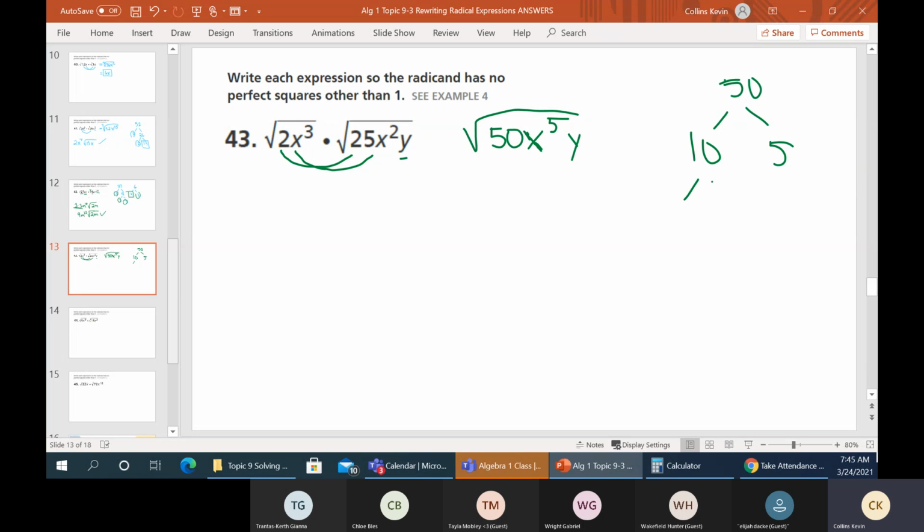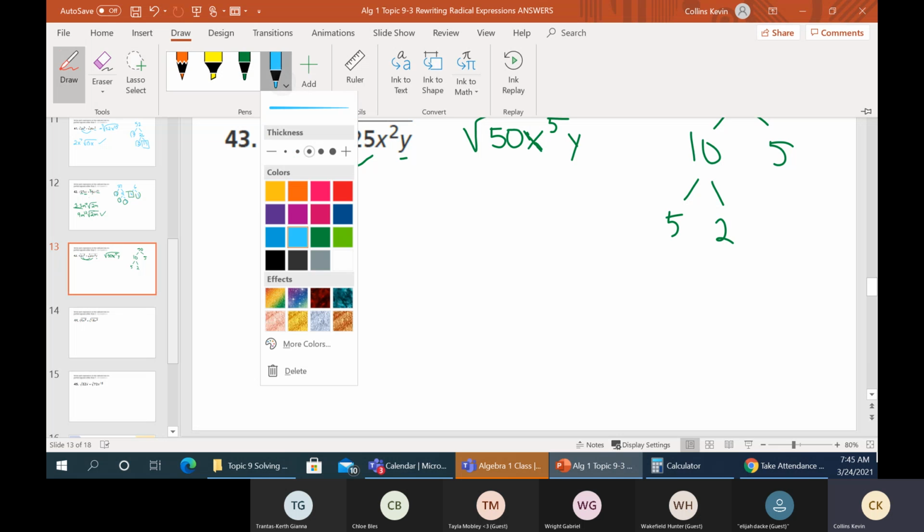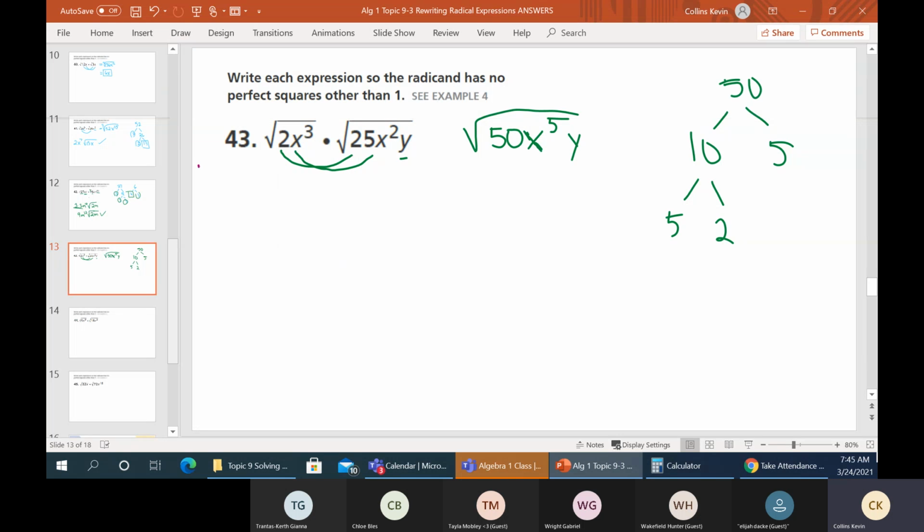And what can we divide 10 by? Five again. That's 5 times 2, right? Cool. All right, so we know the rules. Can't leave the house unless you're with a partner, right? Got to leave in pairs. So here we've got a 5 and a 5. So the 5s can leave the house. So they come out front, right? And the 2 is by himself, so he's got to stay home. It's a safety thing. You know, he's by himself, so he's got to stay home.